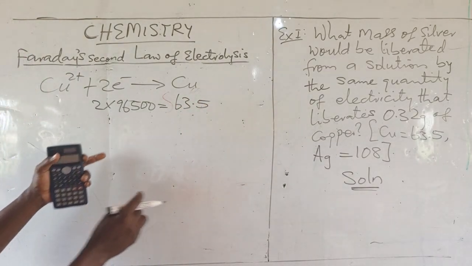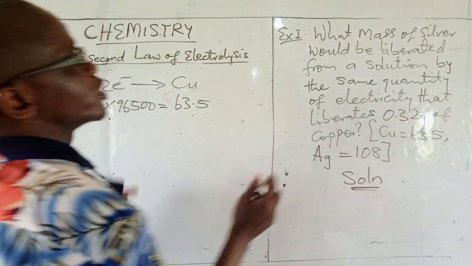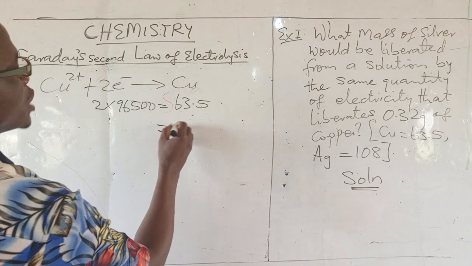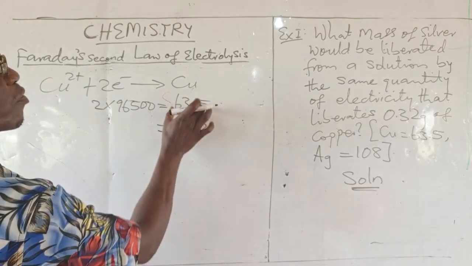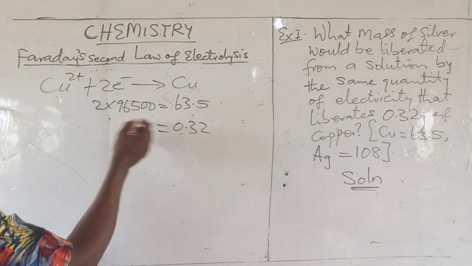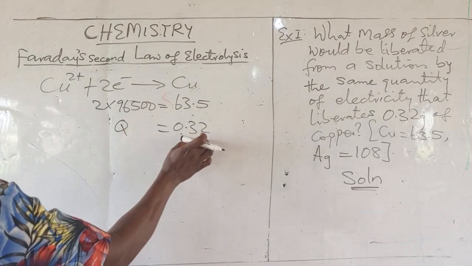Now, what they have given you here as the mass of copper is 0.32. I'm putting it where I have mass. Then equal to what? I don't know the quantity that will produce this.